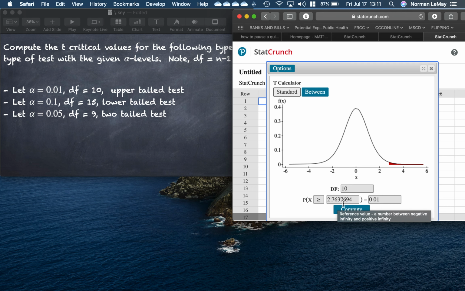It's popular to go 3 decimal places when we are referring to critical values for the t distribution. So again, if your test statistic is bigger, you reject. If your test statistic is smaller, then you fail to reject.